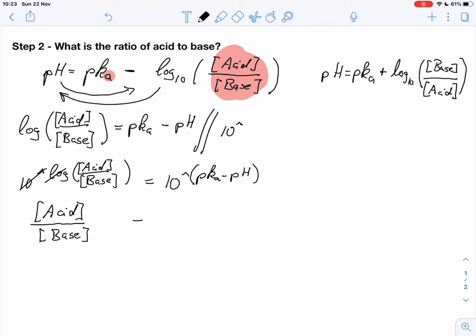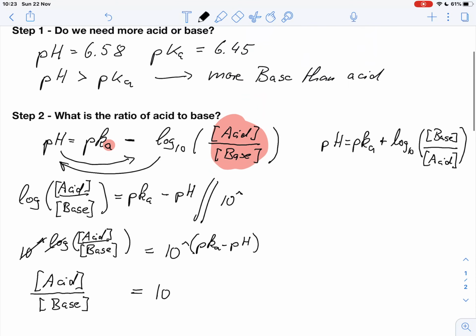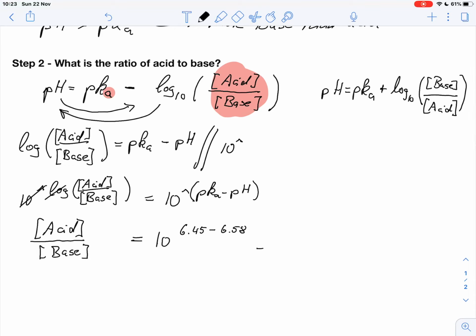and on the right hand side of the equation we have 10 to the power of pKa, which was 6.45 minus 6.58. So that gives us 10 to the power of negative 0.13. We need to calculate that first, of course.